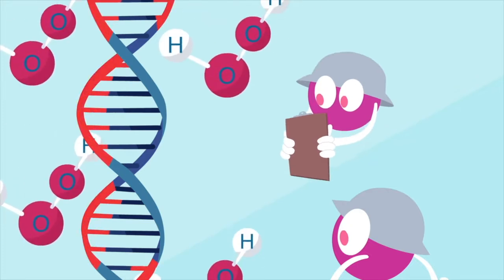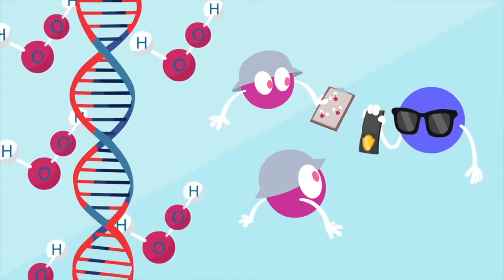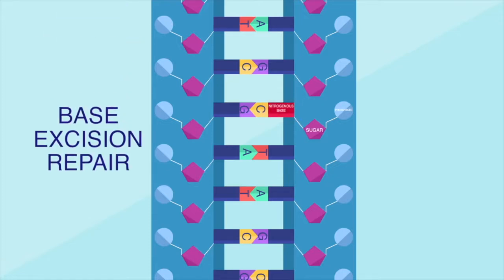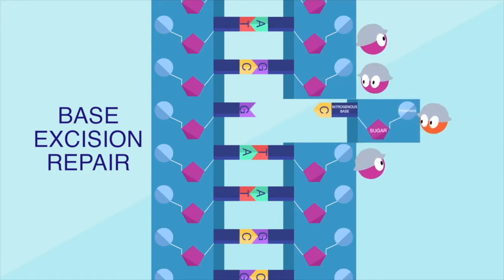Certain chemical changes are so common that they have specific enzymes assigned to reverse the damage. But the cell also has more general repair pathways. If just one base is damaged, it can usually be fixed by a process called base excision repair. One enzyme snips out the damaged base, and other enzymes come in to trim around the site and replace the nucleotides.